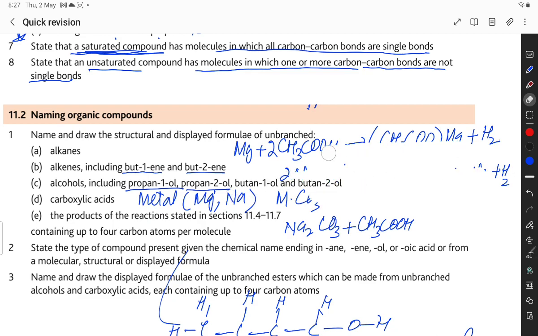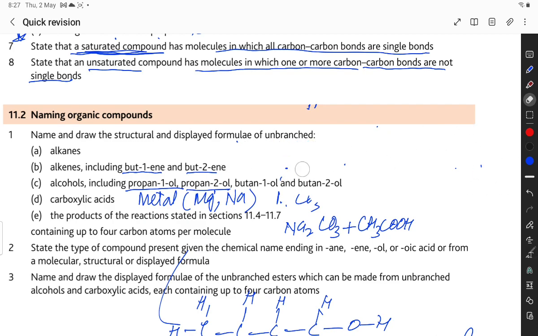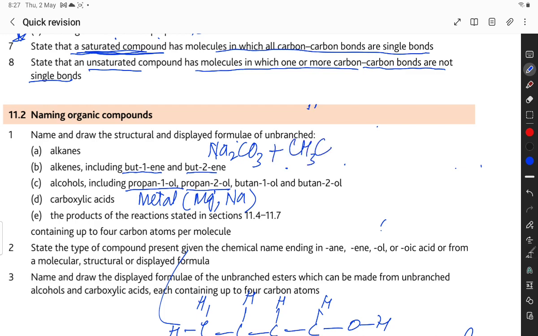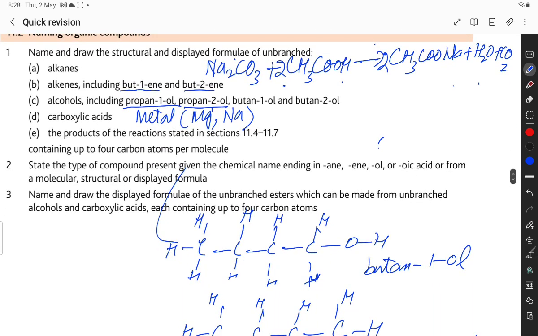Similarly, a metal carbonate like sodium carbonate plus CH3COOH forms CH3COONa plus water plus CO2, with 2, 2, and it is balanced now.